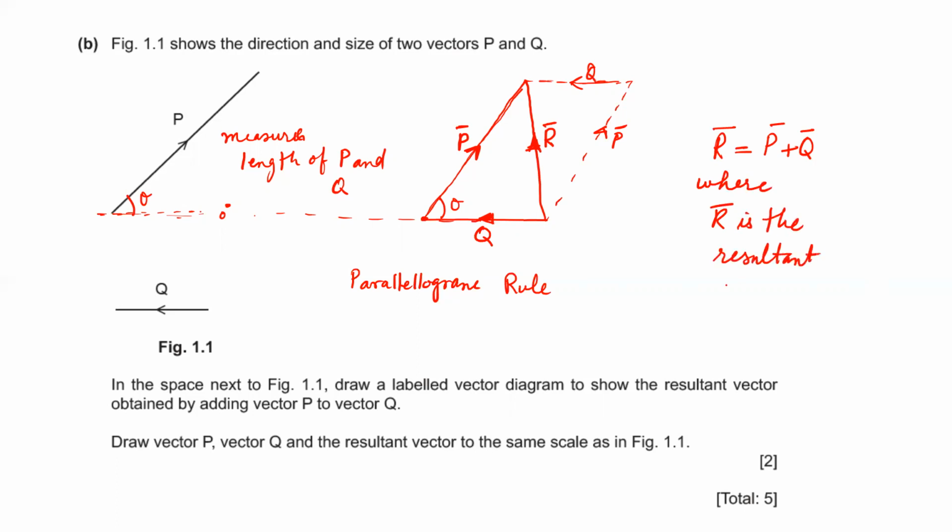The only thing you have to make sure is that the direction of these vectors must be aligned, the lengths of both your drawings must be the same, and your resultant vector would look something like this as per the parallelogram rule of vector addition. Okay, so this is our first question.